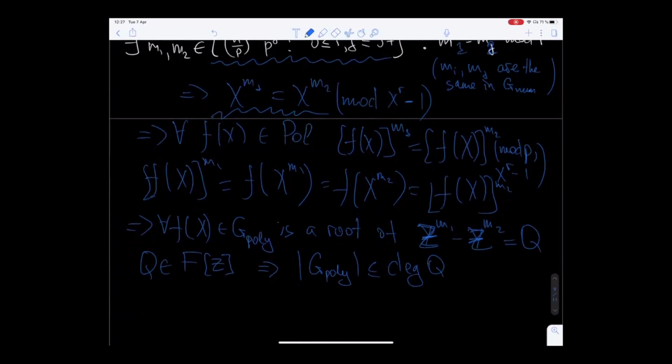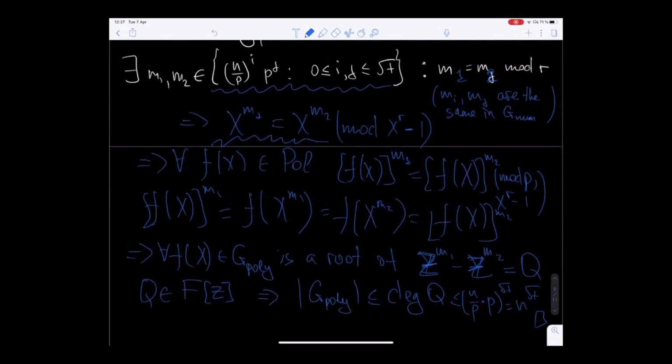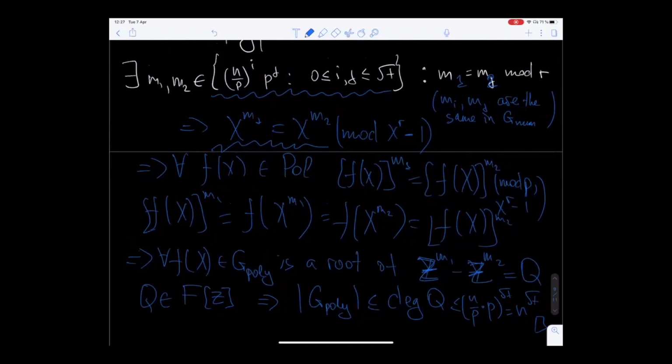But this thing is at most n over p times p to the root t, which is n to the root t. Right? Just by the choice of where m1 and m2 come from.